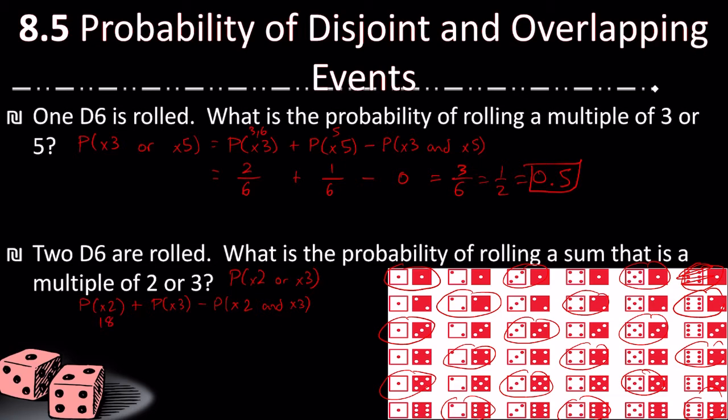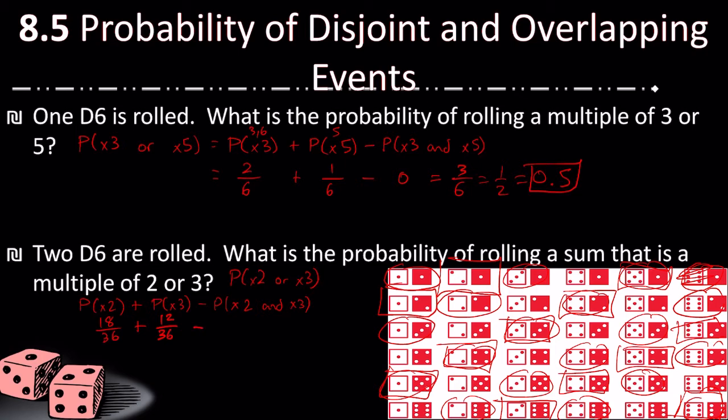There's 18 out of the 36 that are multiples of 2. Let's go multiples of 3. 1, 2, 3, 4, 5, 6, 7, 8, 9, 10, 11, 12. 12 that are multiples of 3.